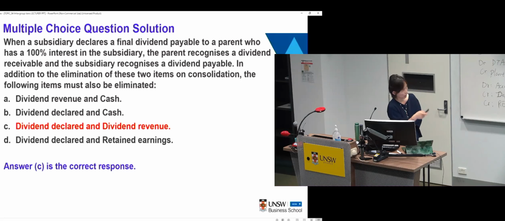If it's down to 90%, then 90% multiplied by the dividend declared or paid by the subsidiary will be considered an intragroup dividend. So the calculation of intragroup dividend relies on the parent's ownership interest in the subsidiary. But for all the other intragroup transactions, it does not matter. That's what this means, okay?